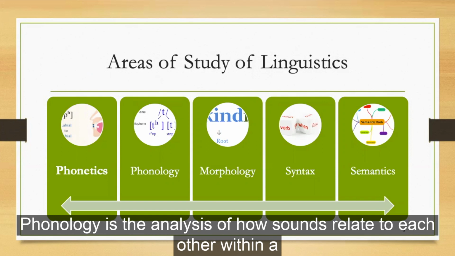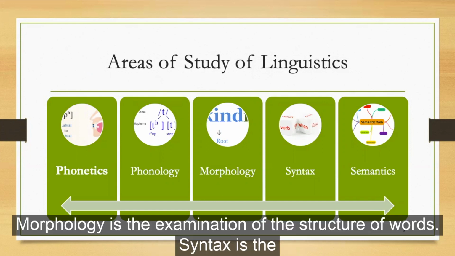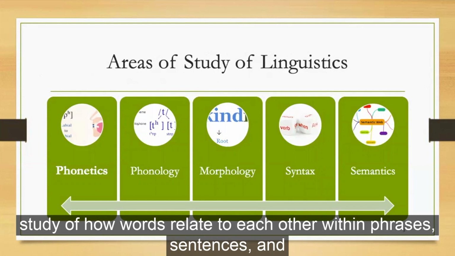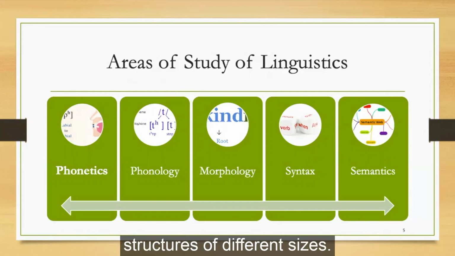Phonology is the analysis of how sounds relate to each other within a particular language. Morphology is the examination of the structure of words. Syntax is the study of how words relate to each other within phrases, sentences, and other structures. Finally, semantics is the analysis of the meaning of linguistic structures of different sizes.